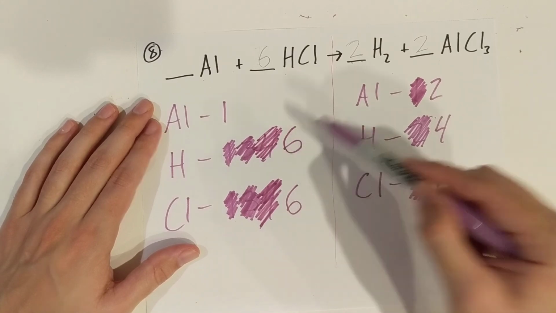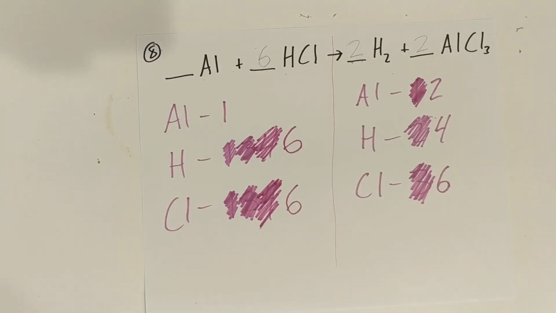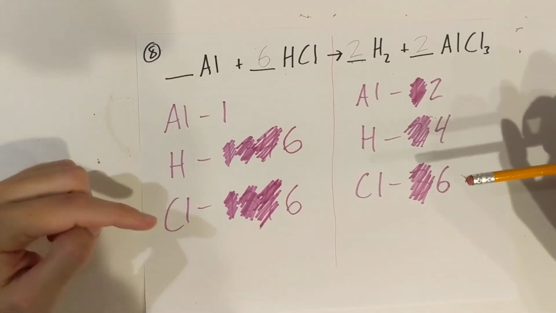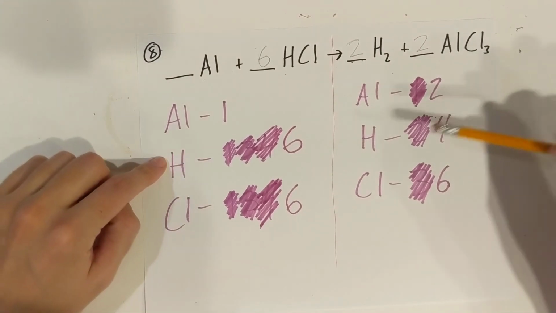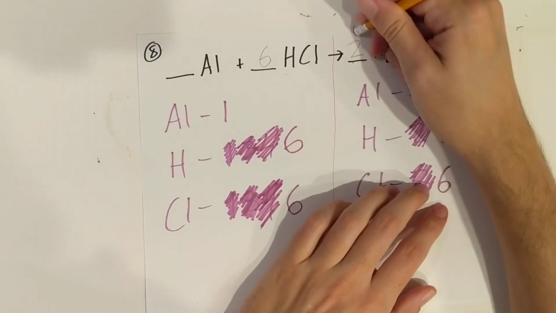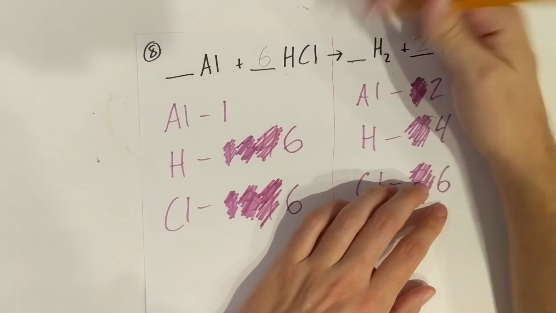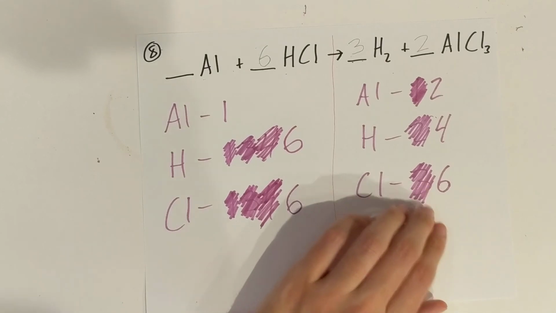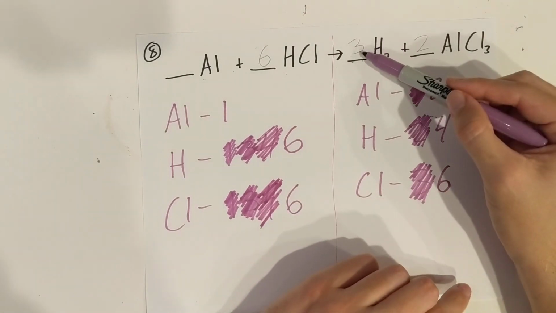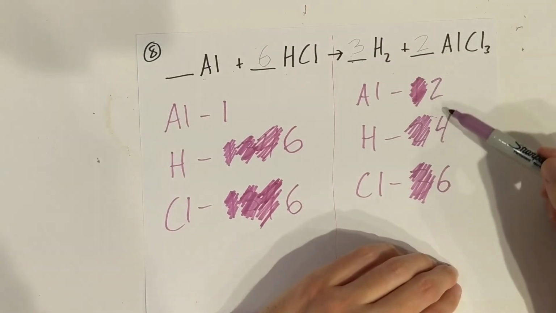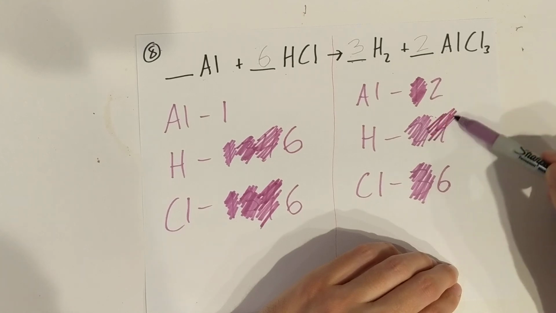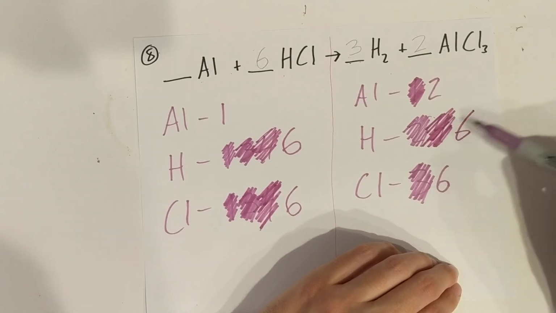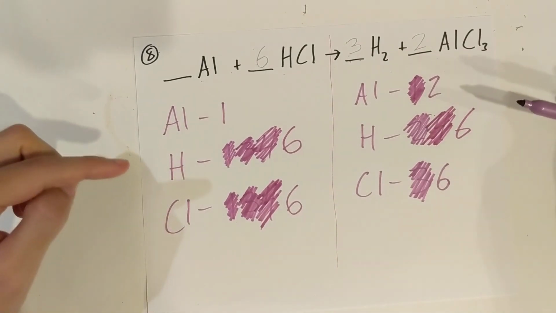I got 6 hydrogen. So now chlorine's balanced. I need more hydrogen on my product side. Let's come back here. Move it up to 3. And here, we have 6 now. So you can see chlorine's balanced, hydrogen's balanced.